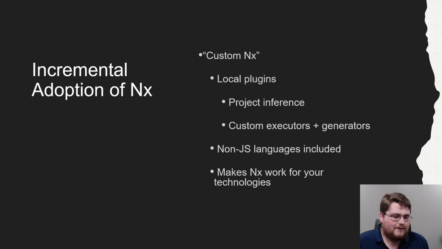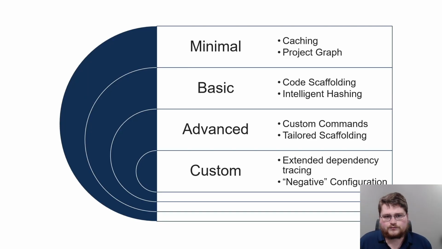So now that we've seen how each of those levels of adoption for NX have played out, let's look at what each of those meant for us. Whenever we first started with NX, before we started using plugins at all, we already had access to NX's cache through both the local cache and the remote cache with NX Cloud, and we already have access to the project graph.